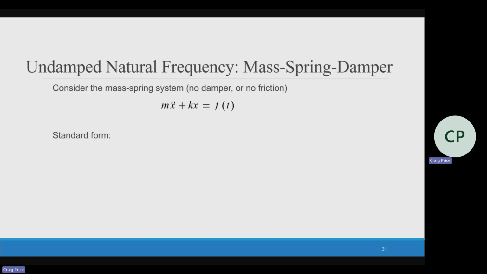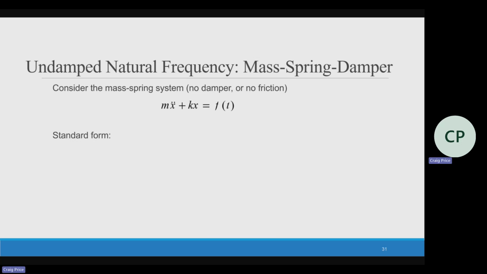So you don't have to write this part down. I'll get to some equations soon, but let's just say I have a mass spring system. There's no damper, there's no friction. It's just an ideal. I have a mass on the spring, and I push it down, and I let it go. What's going to happen?